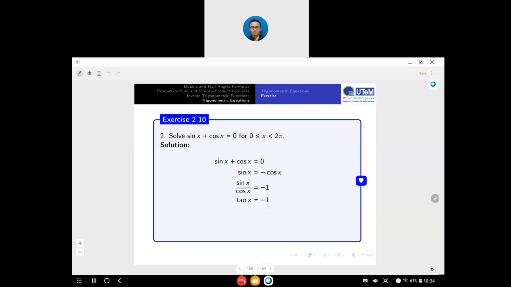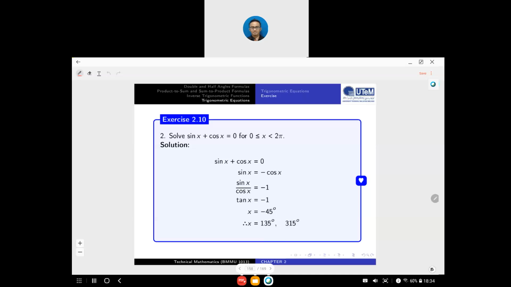So tangent x equal to negative 1. So you can find the answer x equal to negative 45. Tangent negative places at the second quadrant and the fourth quadrant. So sudut dia kat sini adalah 45 and here is 45. So you can get the answer 135 and 315.